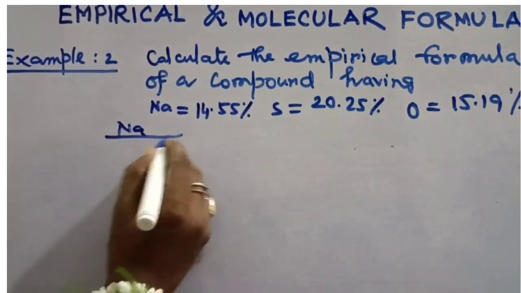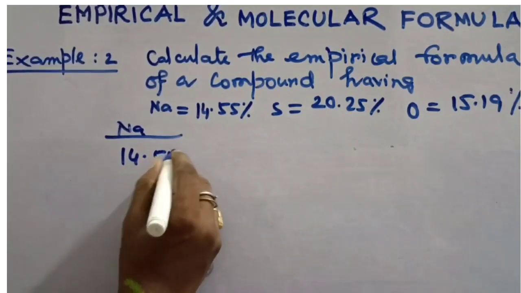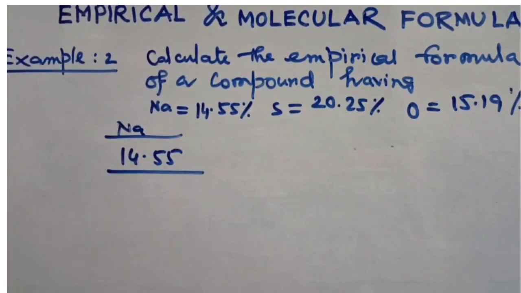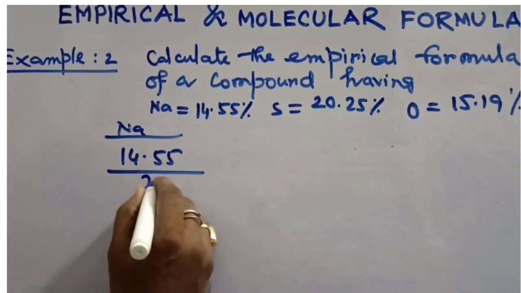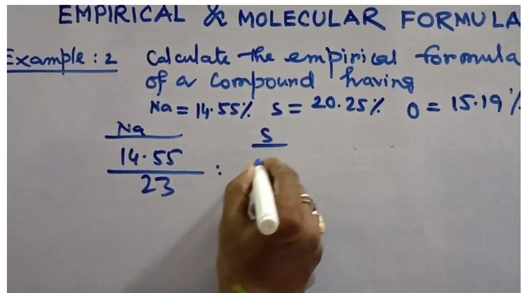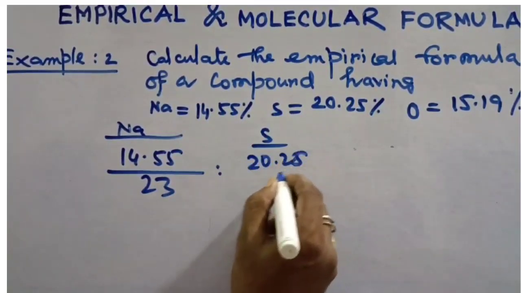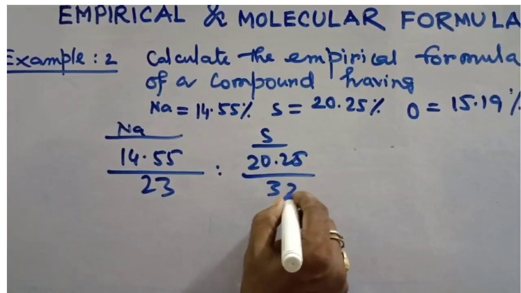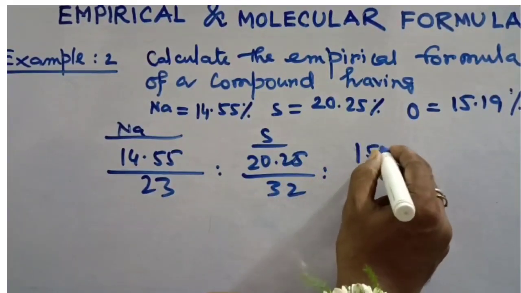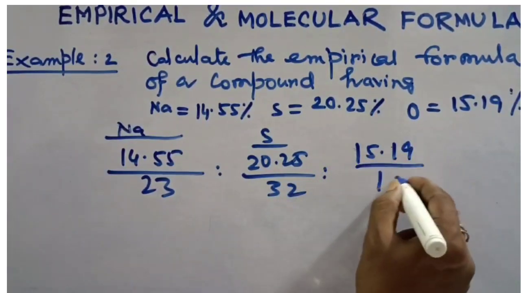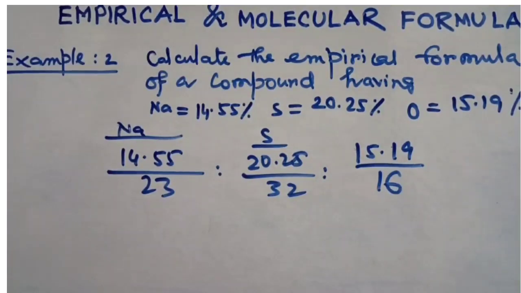That is, for sodium 14.55 divided by 23, for sulfur 20.25 divided by 32, and for oxygen 15.19 divided by 16.